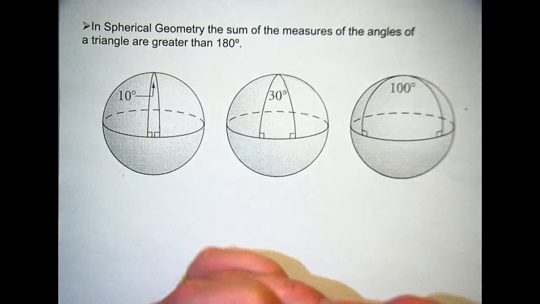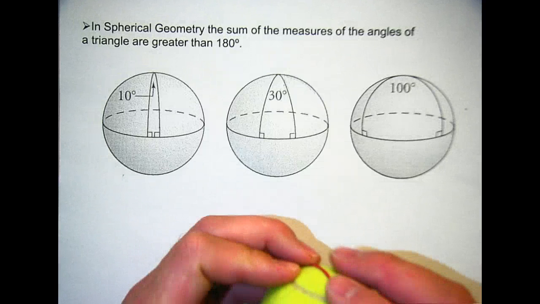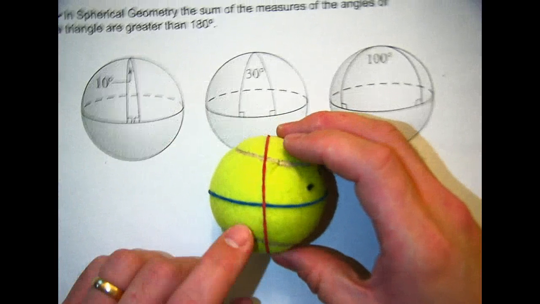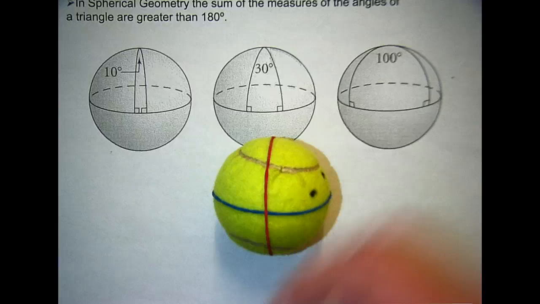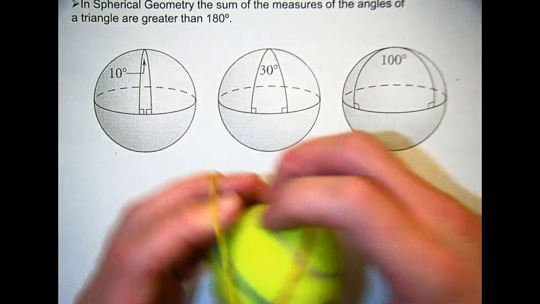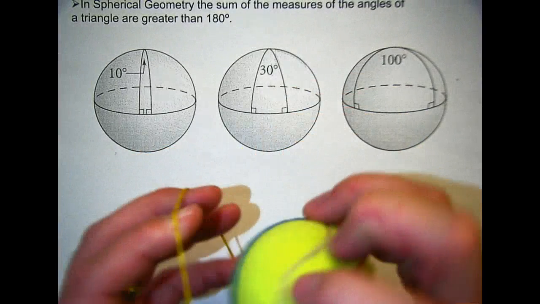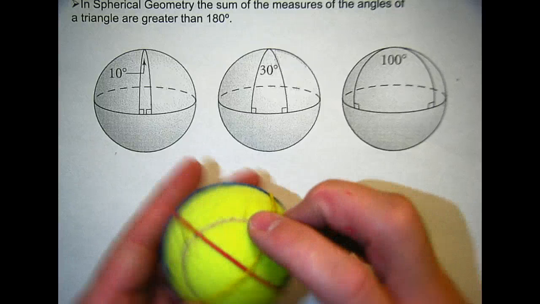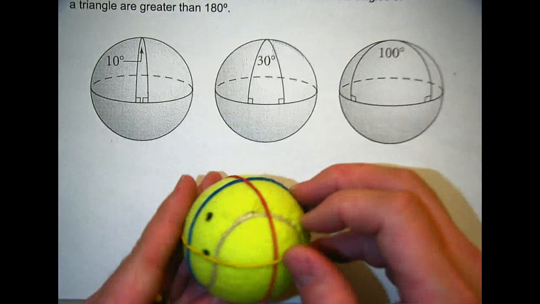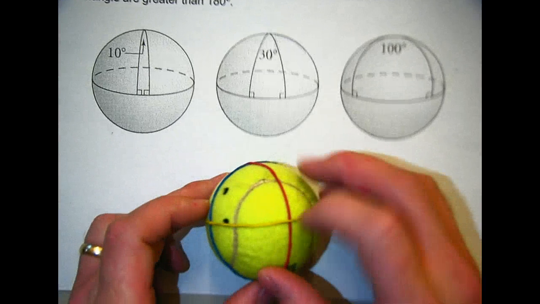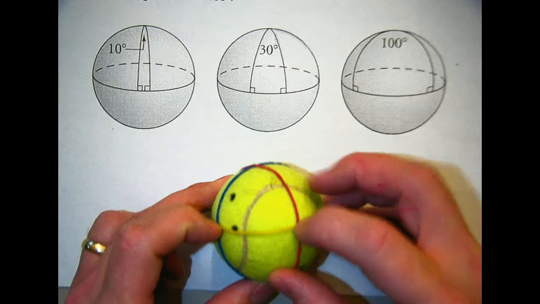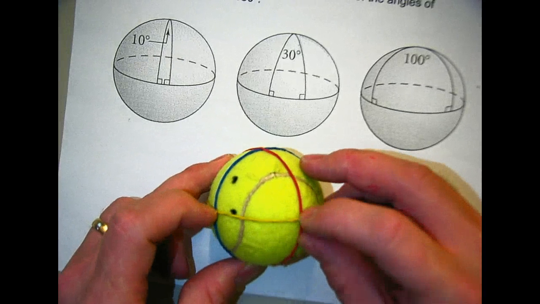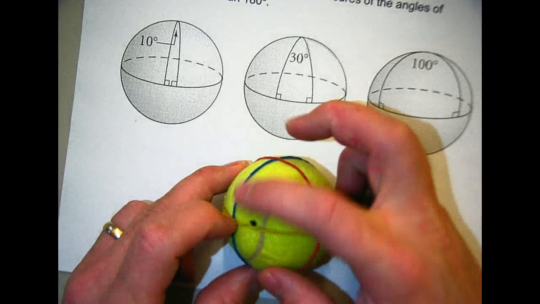So there's one intersection, and then if I take another great circle, maybe like so, now I have a great circle that has a right angle here, one that has a right angle here, and almost a right angle up there. So you're always going to have at least two right angles. There's your triangle.